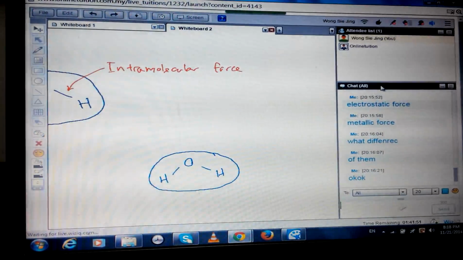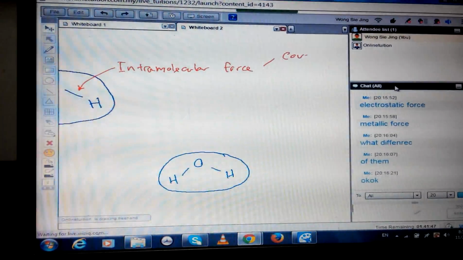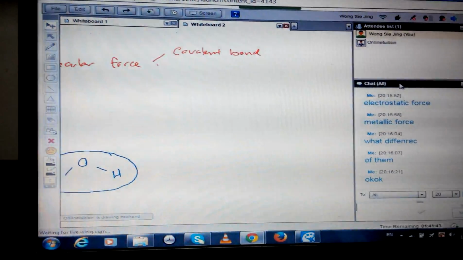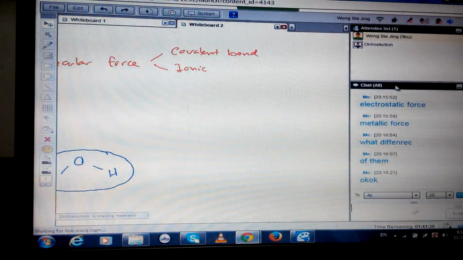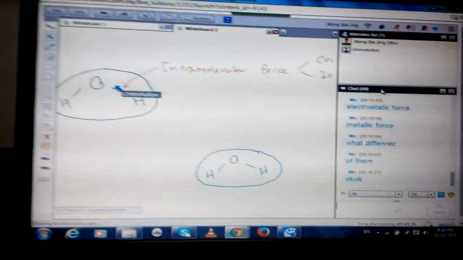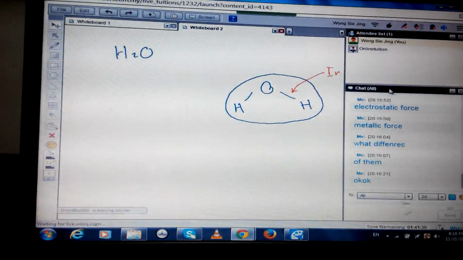This intramolecular force can be a covalent bond. In this case, it's a covalent bond. It can also be an ionic bond. As long as it's the force inside the molecule, that is the intramolecular force.